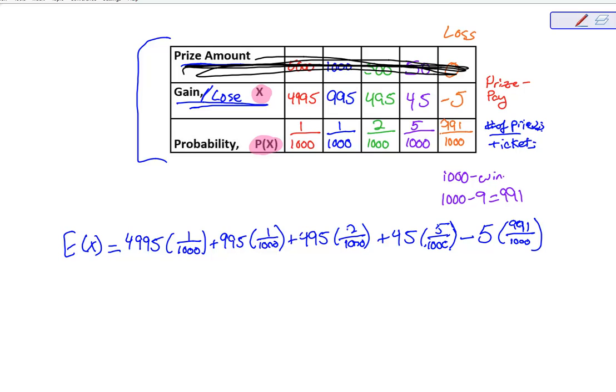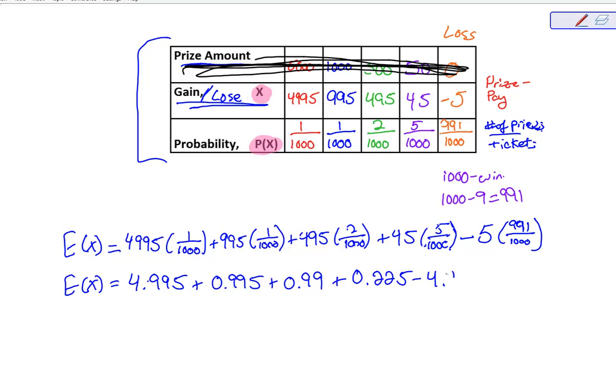And then we do the actual math for this to get the expected value. So our expected value, if I do the multiplication, I get 4.995 plus 0.995 plus 0.99 plus 0.225 minus 4.955.